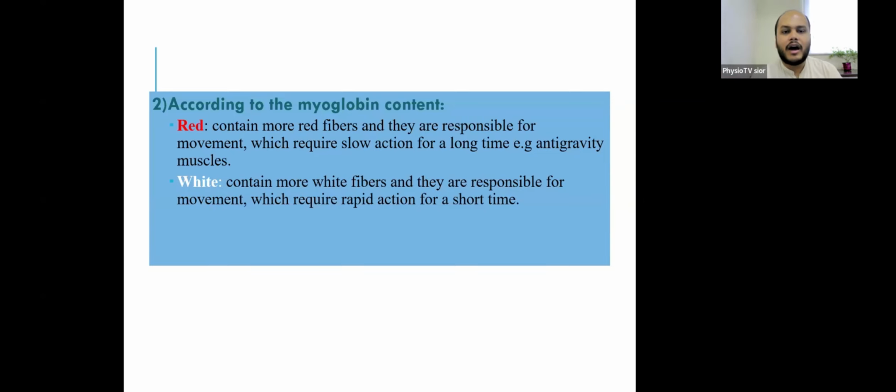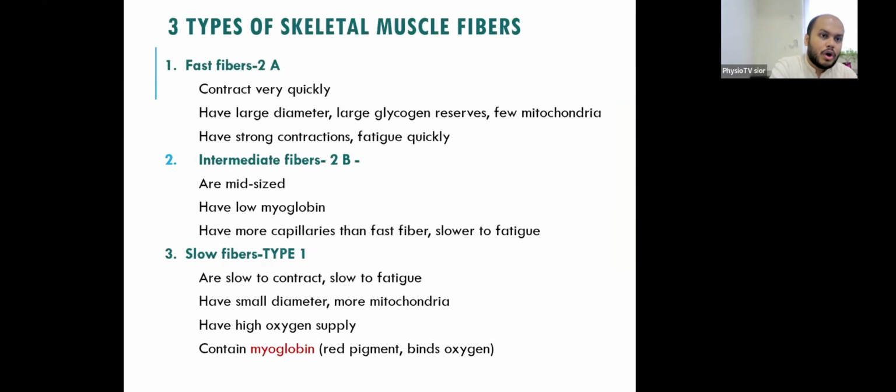And white are something that have a lesser amount of myoglobin content, and their action is more rapid and quick in nature, and they are present to perform some major mobility actions. So according to myoglobin content, there are basically two aspects, that is either red, where the myoglobin content is high, or white, where the myoglobin content is low.